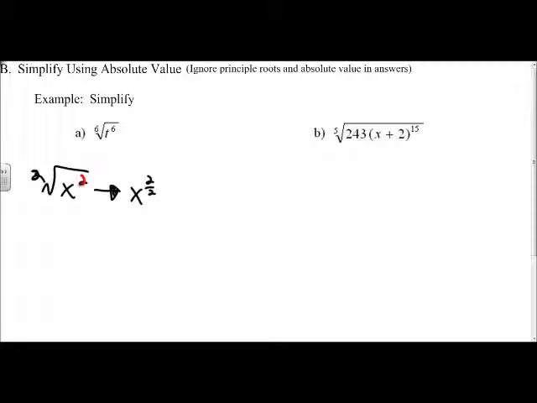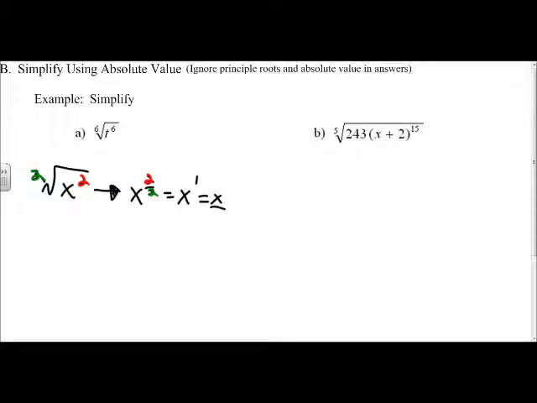This 2 here is the one we have on top, and this one becomes our bottom one. So 2 over 2 would be 1, and we'd be left with x to the 1 or just x.